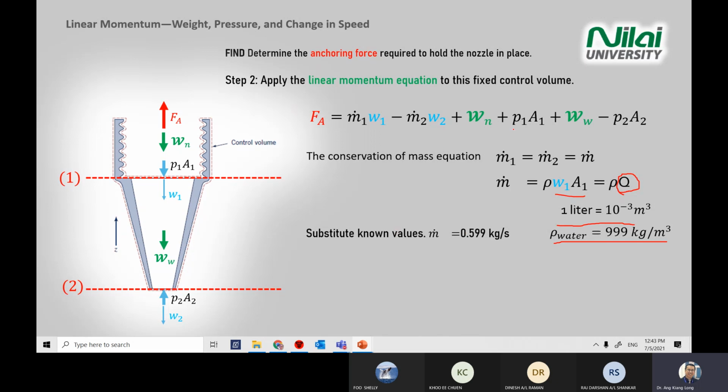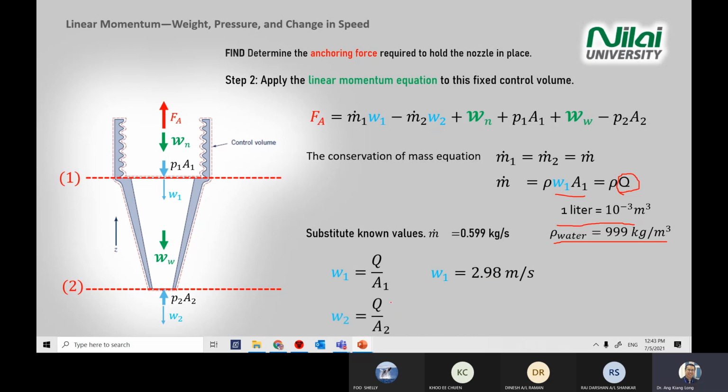So if you substitute the value, you can get your m dot, which is equal or near to 0.599 kilogram per second. Your W1 will equal 2.98 for the inlet.